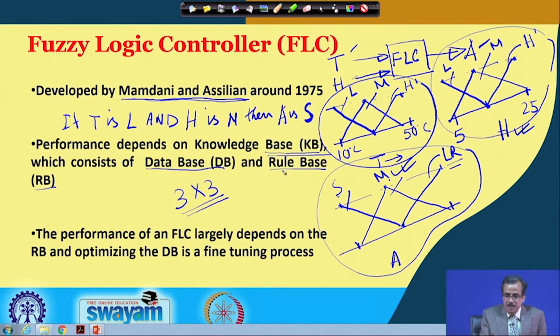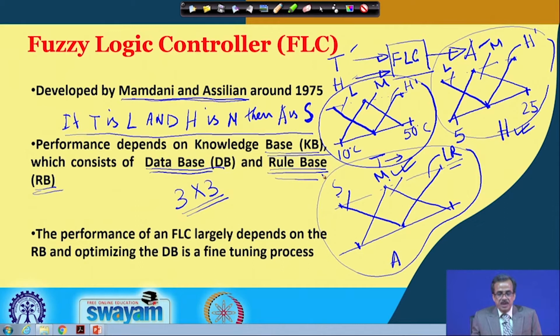This is what we mean by the rule base. So, rule base consists of a maximum of 9 rules, and out of the 9 rules, here I have just written a particular one. For example, let me repeat, if temperature is low and humidity is medium, then the angle of valve opening is small. So, this is a particular rule. This is the way we define the database and rule base of this particular fuzzy reasoning tool, and knowledge base consists of both the database as well as the rule base.